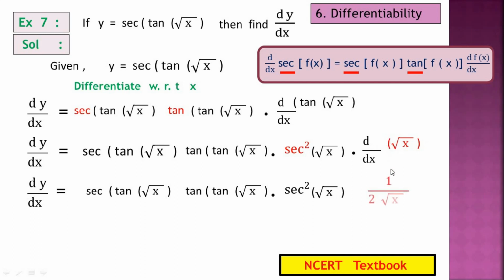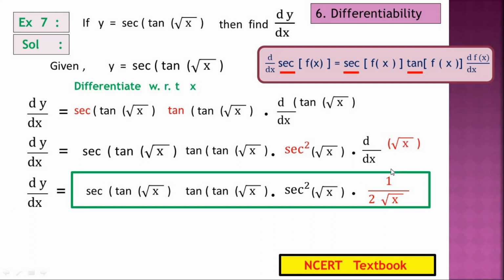The derivative of root x is 1 upon 2 root x. So this is the solution. In this answer we follow the same way, one by one function, writing the derivative. See here, secant first. Secant is a product of these two, and this variable as it is, tan root x. Next, tan root x derivative is secant square root x as it is. Next, root x derivative is 1 by 2 root x. It is the derivative of one function at a time.